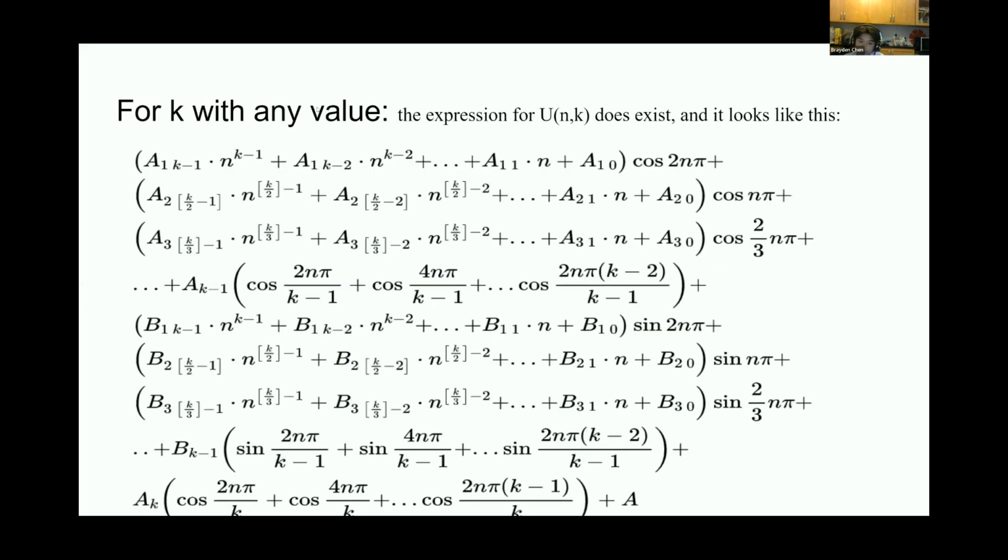For any value of k, this is very complicated and will take a long time to solve, but this is a rough idea of what it would look like. You can see that there are lots of constants with a and b, and you have to know the values of u and k.